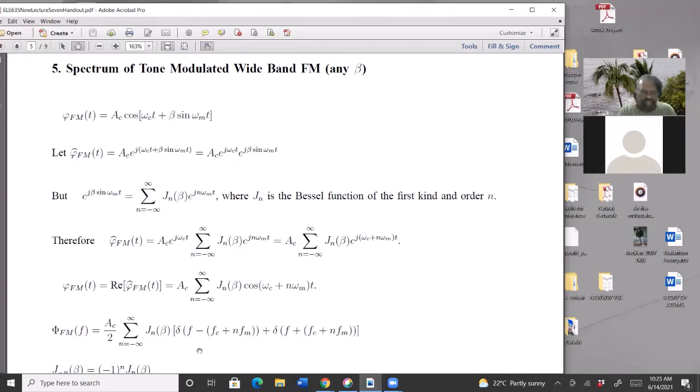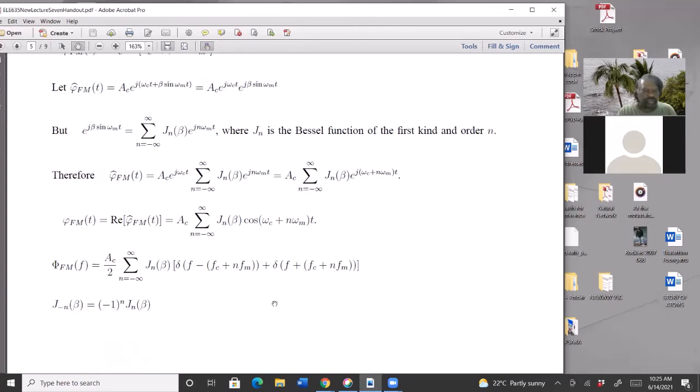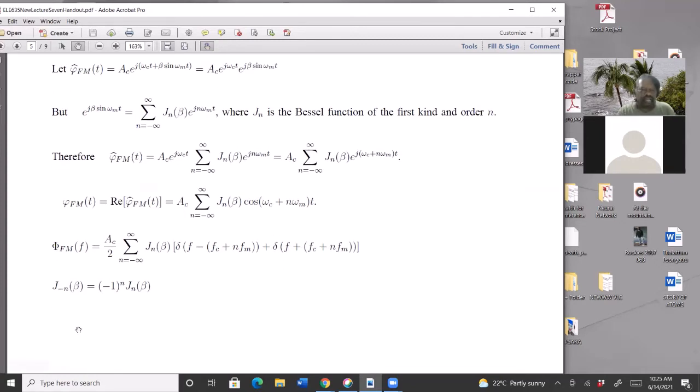And the coefficient or the amplitude of the spectrum is, because from the modulation theory before, the Fourier transform of cosine has a half in it. So it is A sub c over 2 and then the Bessel function. And also the table only gives you the values for positive n. So for negative n, it is actually (negative 1) to the n, J n of beta.